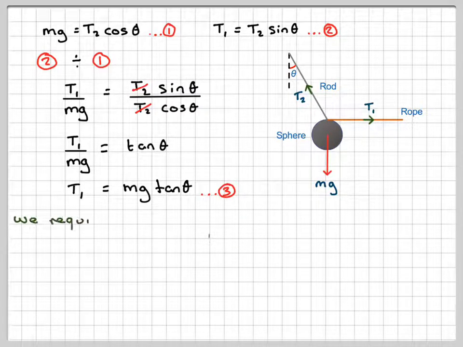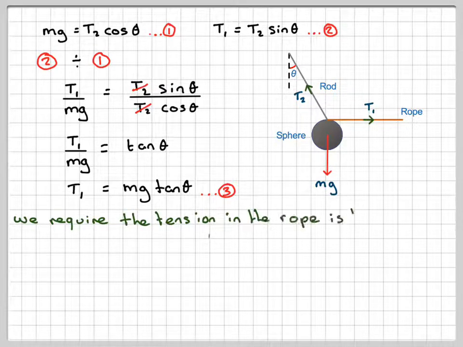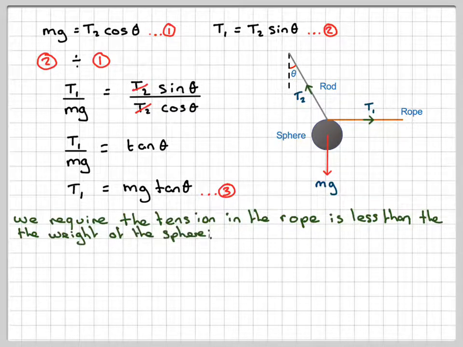Right, so we require that the tension in the rope is less than the weight of the sphere, and we need the angle for that. So T1 must be less than the weight, mg, because this is the weight and this is the tension in the rope.